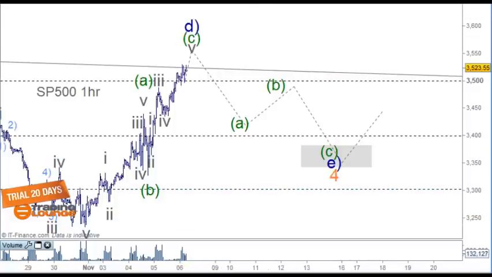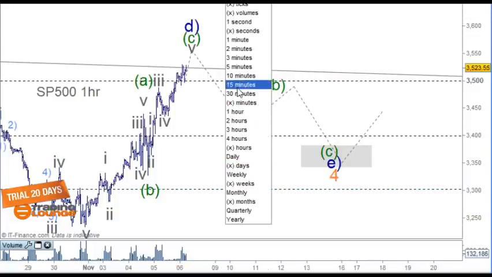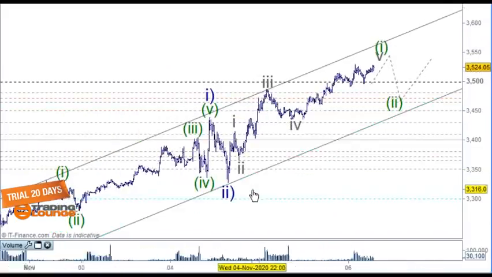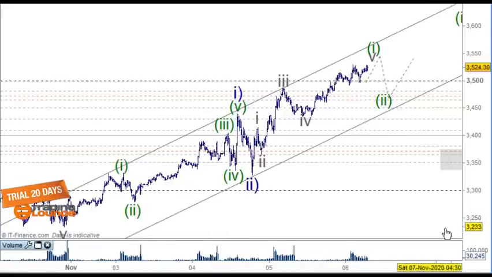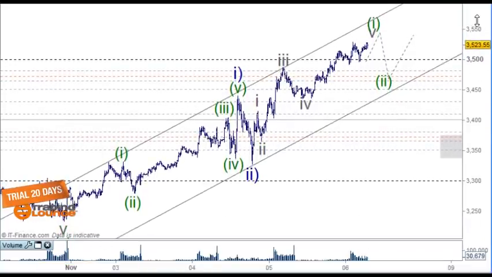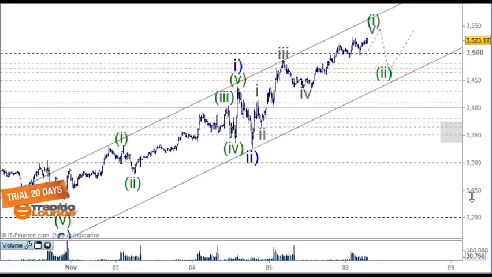But let's go in and have a look at the impulse wave of all of this. There are different ways to count the impulse wave. If we consider this the wave C of 4 here, and I've just put some trend lines in, not that they mean that much really, but they can be a little bit helpful to get things into perspective.